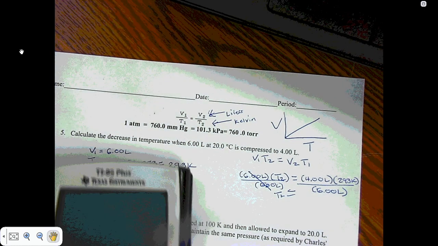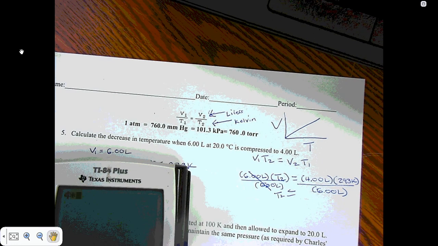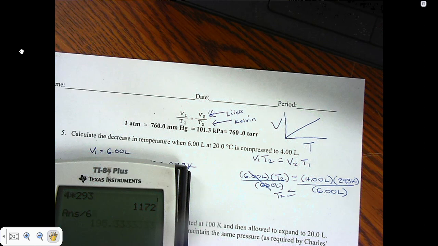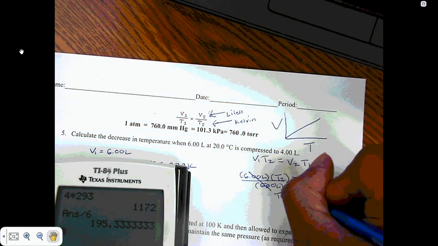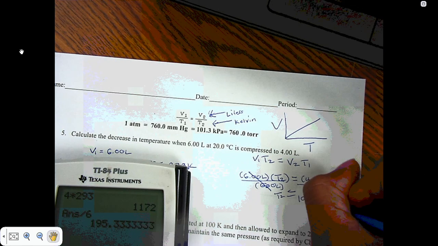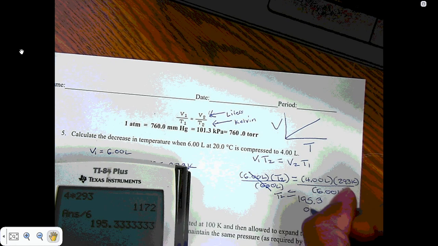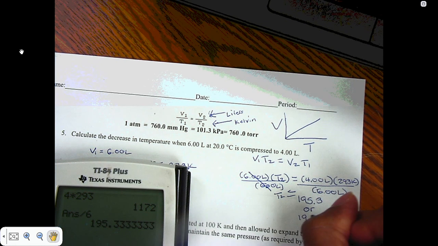Using our trusty calculator, we take 4, multiply that by 293, and we divide that by 6. That gives us a value of 195.3. However, if we're using 3 sig figs, I would go ahead and round that to 195 Kelvin.